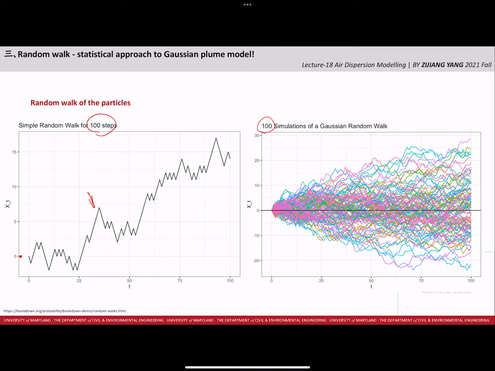And if we take the cross-sectional area here, like if this is 0, we can see that the number of the particles follows a normal distribution at here. Similarly, if we take the cross-sectional area here, again, we can see the particles also follow a normal distribution. But we can see this normal distribution is flatter than that one.